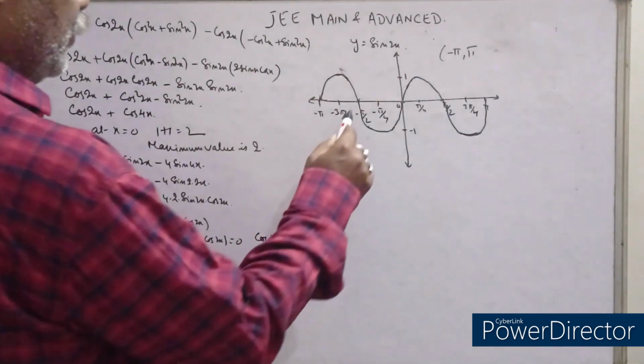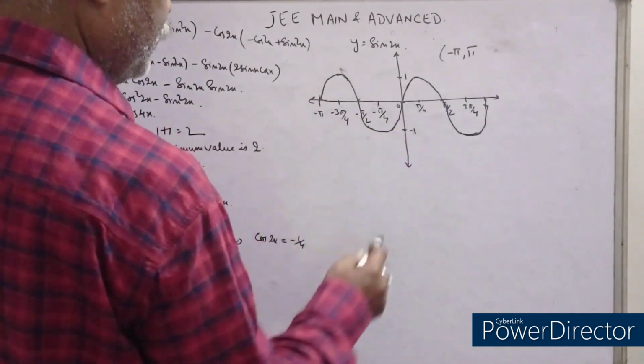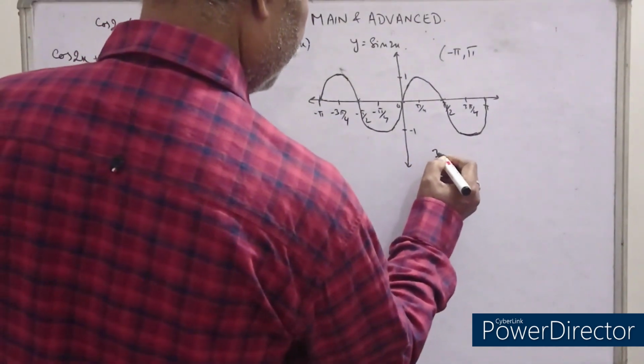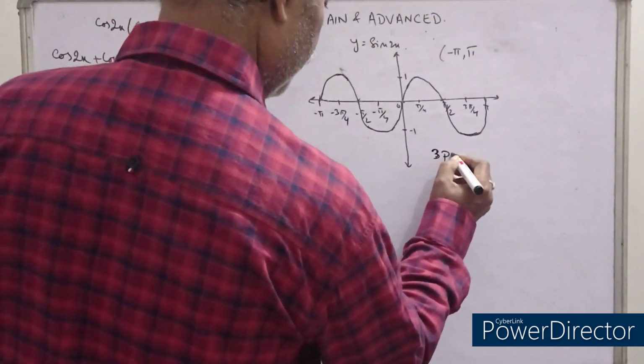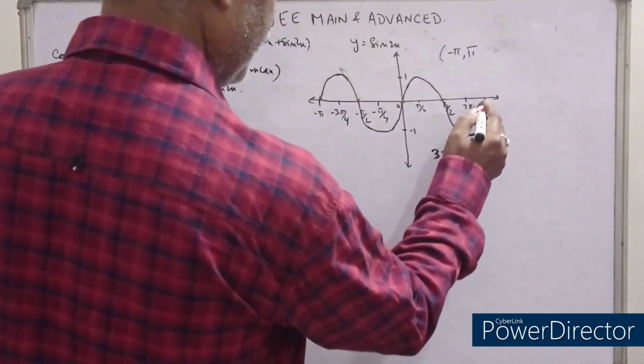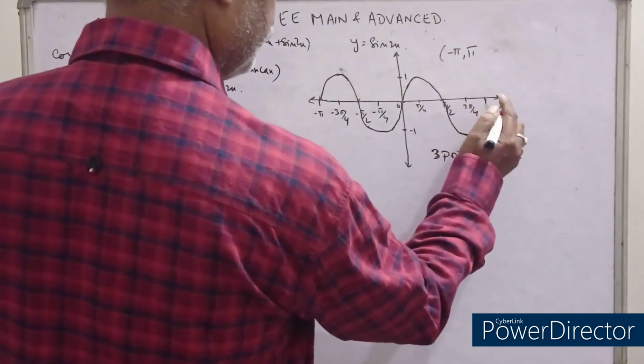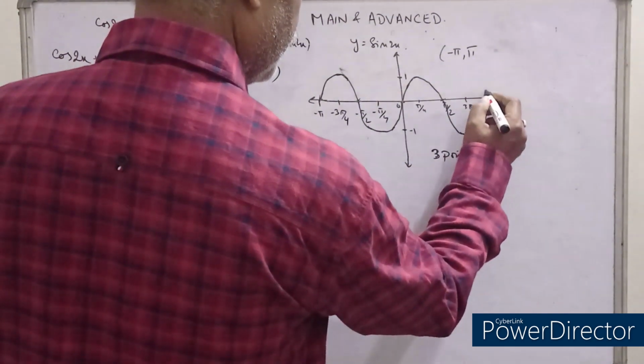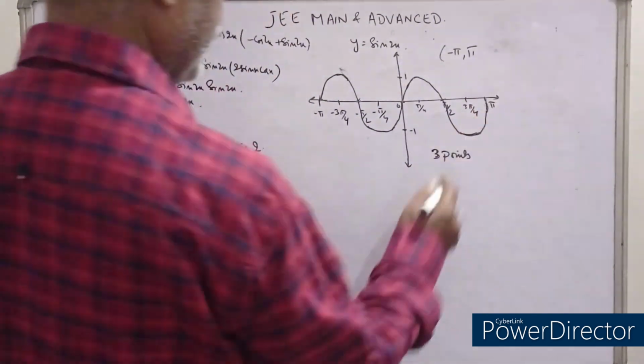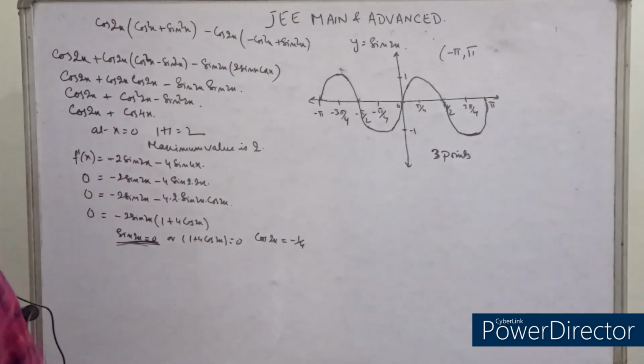So 2x is 0 at 3 points within the interval minus pi to pi. There are 3 points where sine 2x is 0.